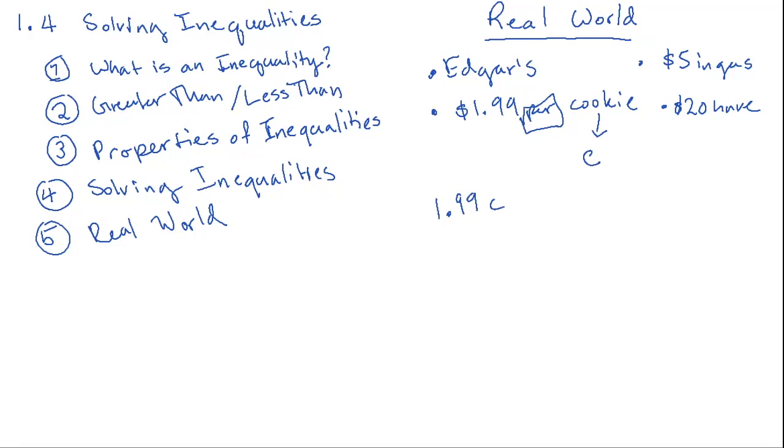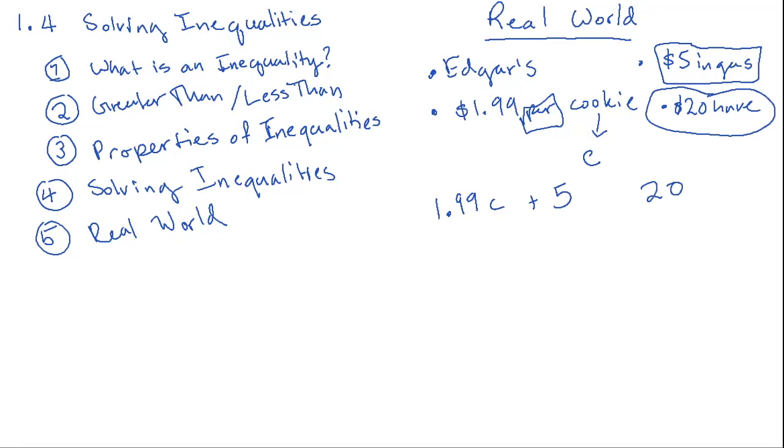Now we know our initial cost is going to be $5 in gas. We're going to have to spend $5 in gas to get to Edgar's Bakery, but that's okay. So plus $5 in gas. And we want to see what's the most amount of cookies that we can get, but we only have $20. Is it going to be less than $20 or more than $20?